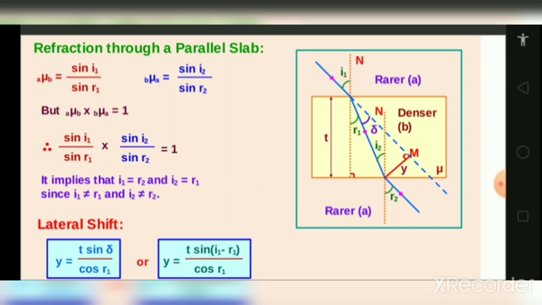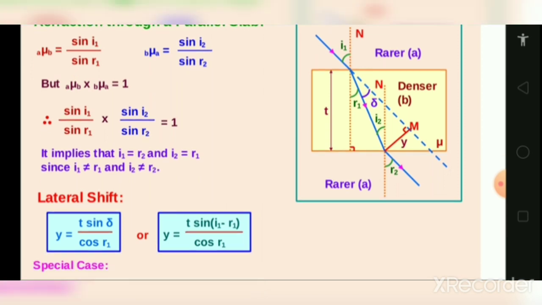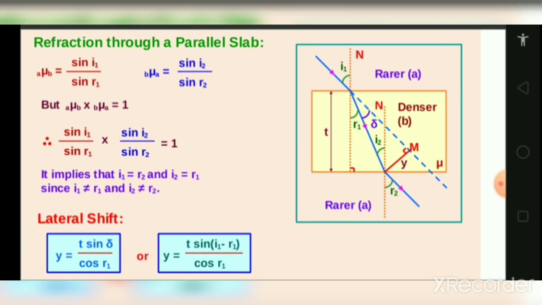But you know that sine I and sine R are the reflected and incident angles. Thus, by just solving the equations in that manner, sine I upon sine R multiplied by sine I upon sine R, you will get 1.